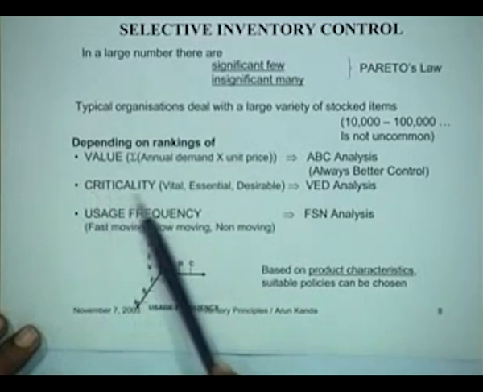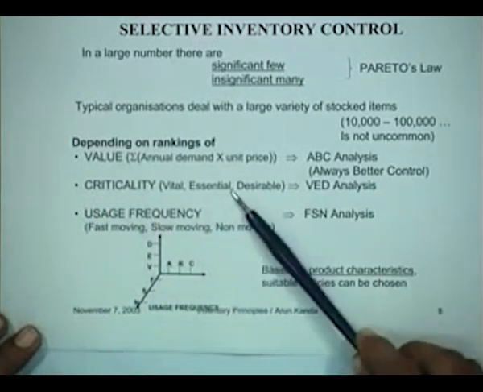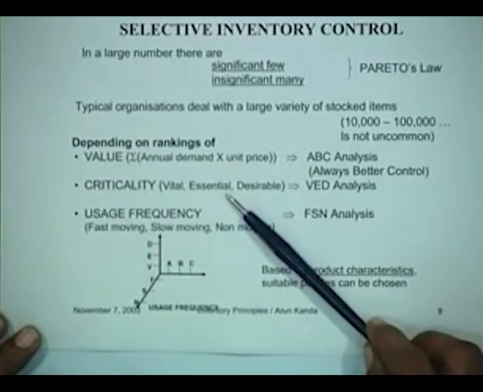The other thing is criticality. What do we understand by criticality of an item? An item might be worth 10 rupees, but it might be very vital in the engine assembly of a particular brand of cars.